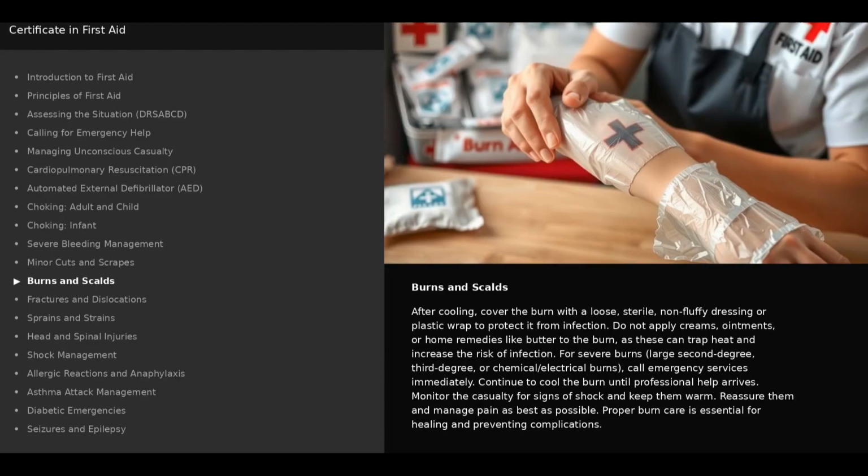After cooling, cover the burn with a loose, sterile, non-fluffy dressing or plastic wrap to protect it from infection. Do not apply creams, ointments, or home remedies like butter to the burn, as these can trap heat and increase the risk of infection.